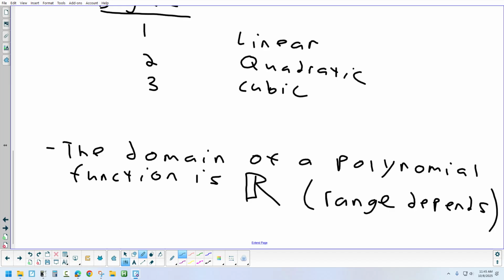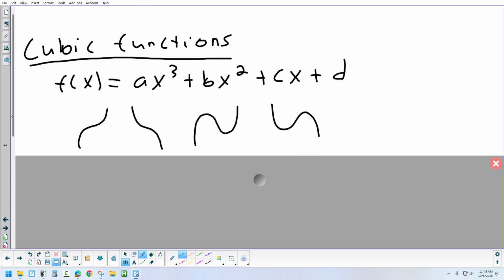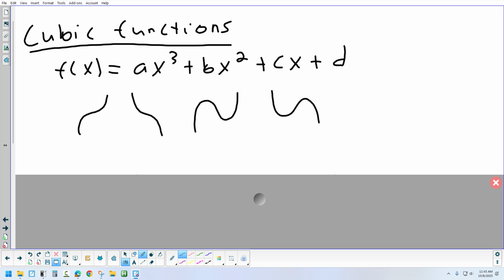But the range depends. So to figure out the range, we graph it on the calculator. So here's some examples of cubics. If you subtract 1 from the degree, it tells you how many times it could turn. So a degree 3 could turn twice, or doesn't have to turn.